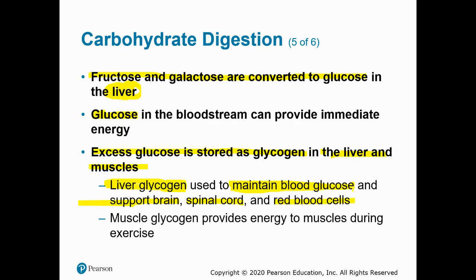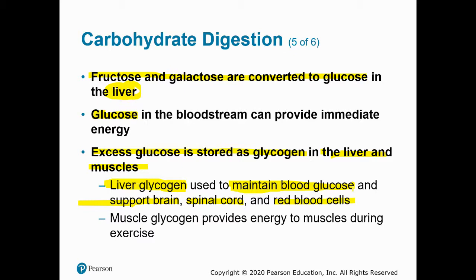So liver glycogen is really maintaining, it's like the storage. Let's think about it as like closets in your house. So we really only have two glycogen closets. Muscle tissue has glycogen closets, and the liver has glycogen closets. But the liver is providing that glycogen basically to the brain and the blood.